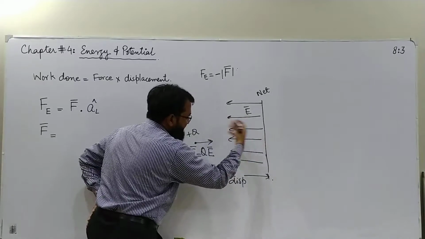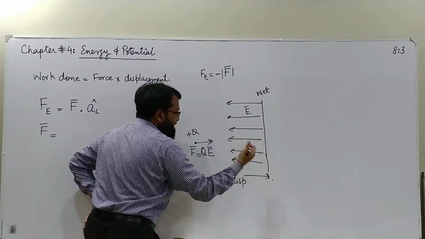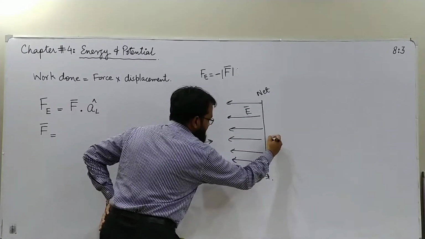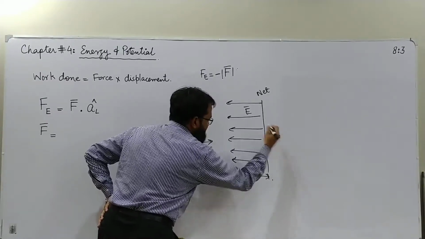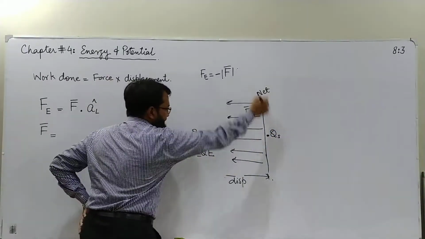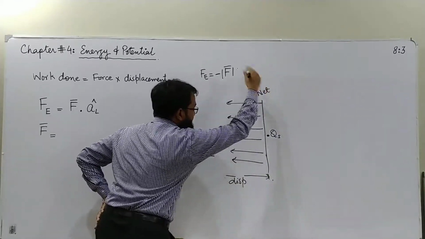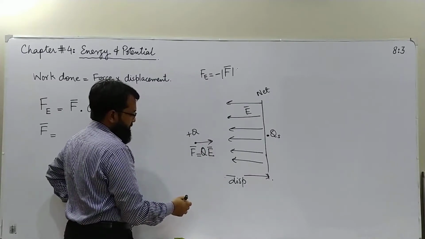Had the field been the field of a point charge, definitely here I would have a source charge, and I'd get the field emitting from the source charge, and this is the test charge which I am trying to move.